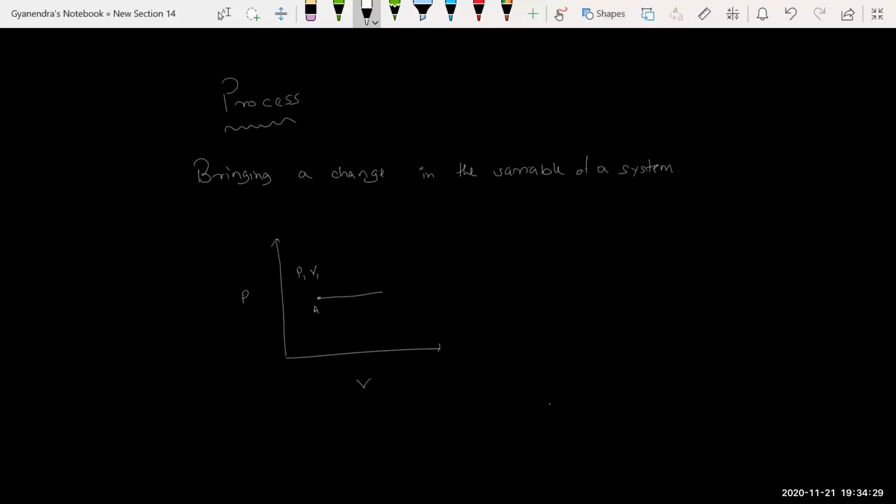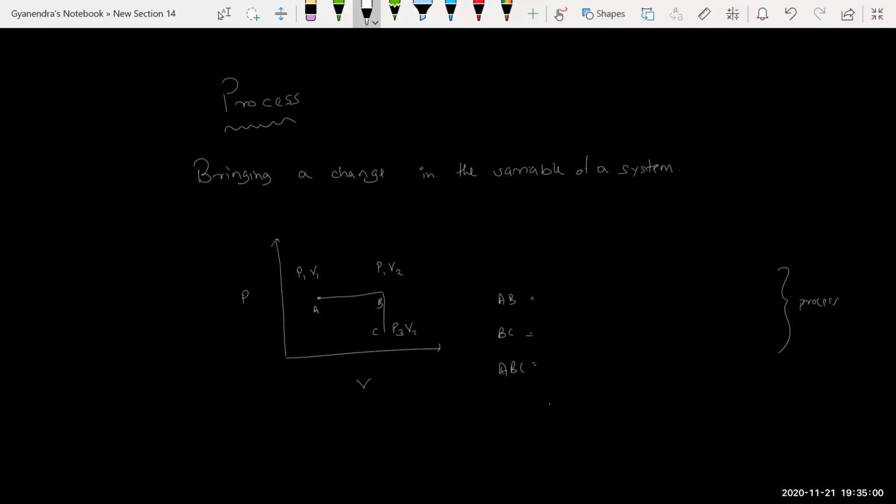Now you've brought it to point B, where the pressure is P1 and volume is V2. Now you are bringing it to point C, where pressure is P3 and volume is V2. So from A to B to C, these are different processes, Dinesh. These three things are what we know as process. Last one is A, B, C.